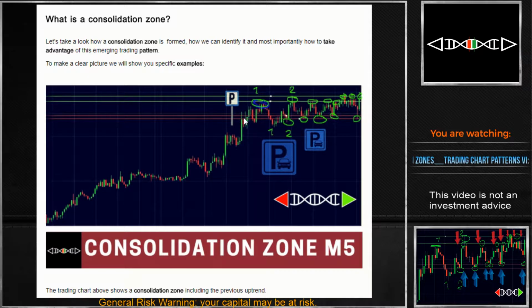Individual traders, or retail traders, or even companies that are willing to push the price to the upside struggle to beat this strong player. So it is a battlefield, a zone where a future price movement is decided, and that's why this consolidation zone is formed. This could be a very good potential for us as binary option traders or even forex traders to take advantage of this occurrence, and I will tell you how it's done in a minute.